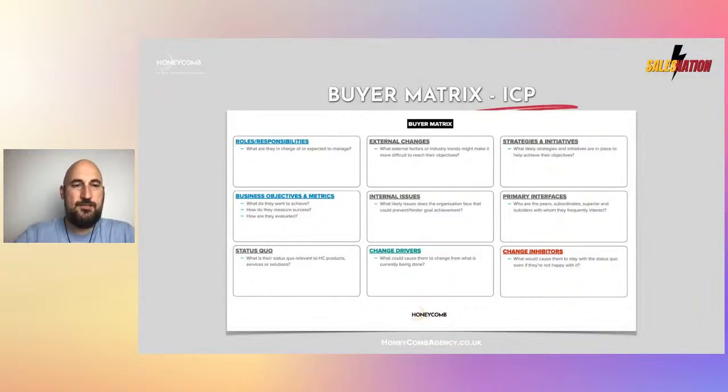But again, these are different criteria than we had with the company matrix, the target account matrix. But bringing all of that together, knowing which companies we want to sell into, plus what their decision makers look like, then we have a winning formula and a clear and concise image of who our ICP is, what they do, what they think about, what their responsibilities are, and so on.